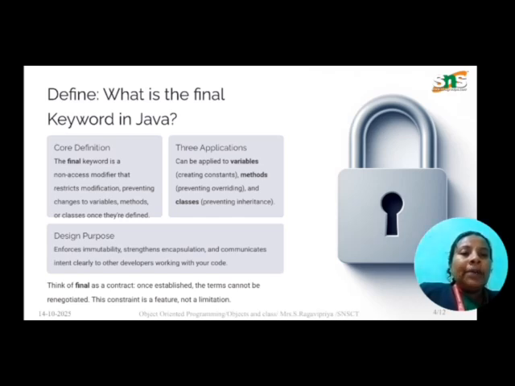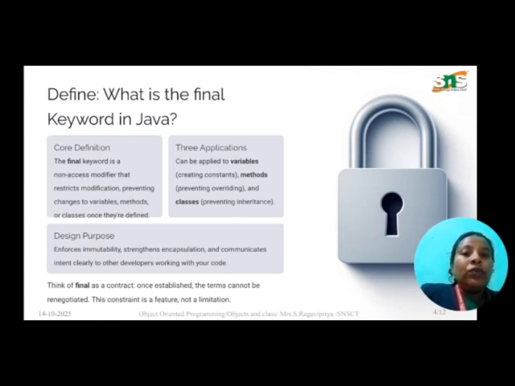There are three applications: it can be applied to variables, methods and classes. In variables, it creates constants; in methods, it prevents overriding; and in classes, it prevents inheritance. The design purpose is to enforce immutability, strengthen encapsulation, and communicate intent clearly to other developers working with your code.